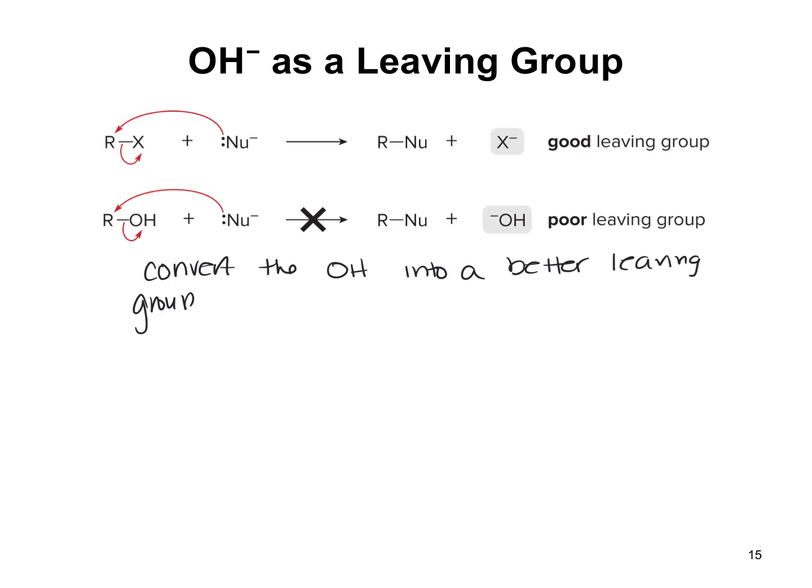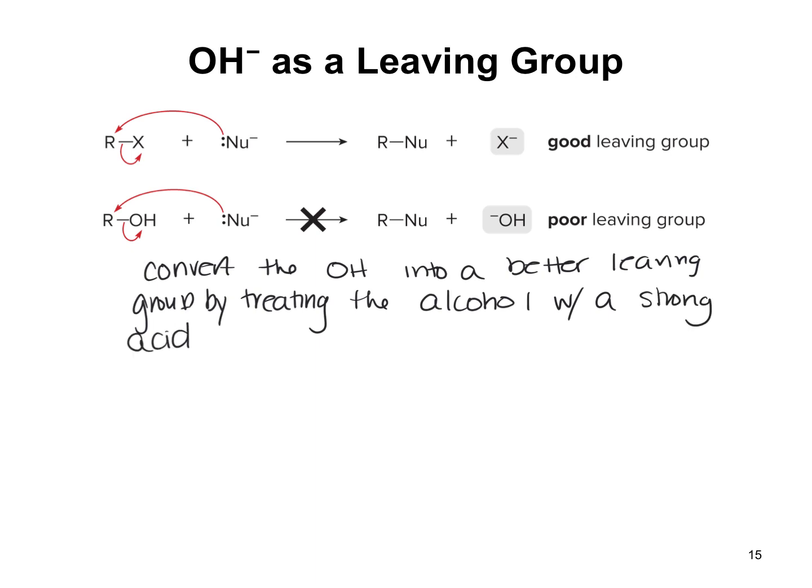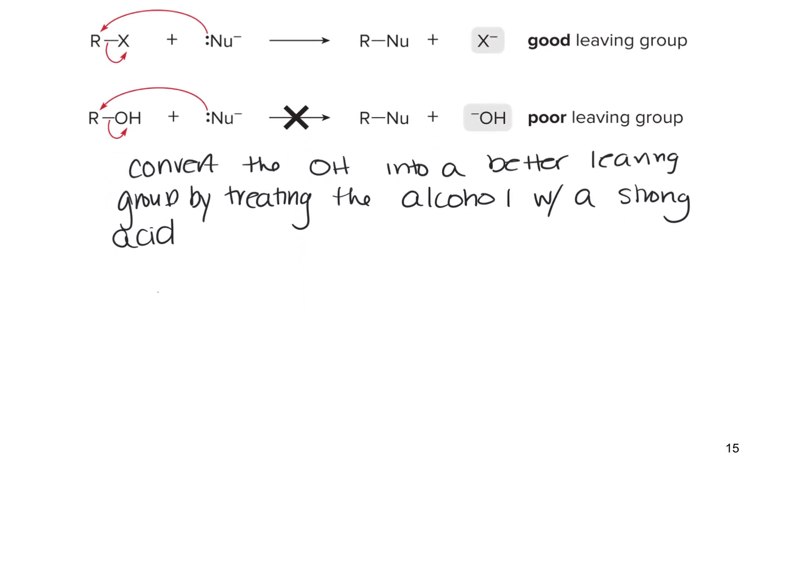And we do this by treating it with a strong acid. So we treat the alcohol with a strong acid. So when we do this, we have our friendly alcohol, we react it with a strong acid, and it undergoes a proton transfer reaction where those electrons grab that proton, those electrons go on the chlorine, right?